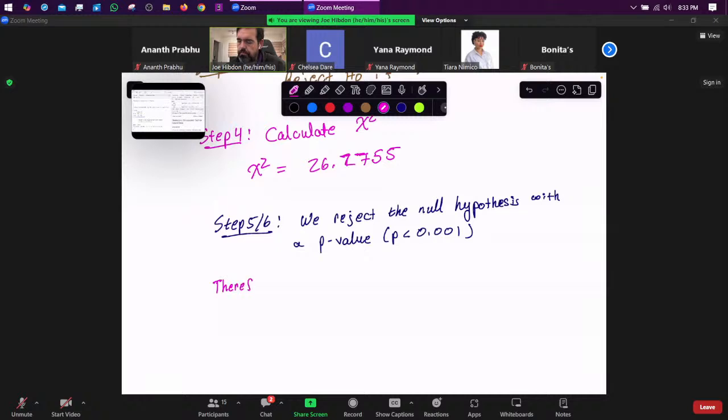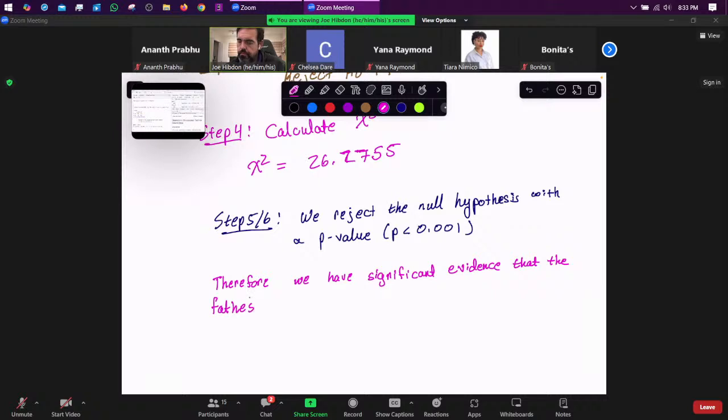Therefore, we have significant evidence that the father's diagnosis and the child's diagnosis is not independent.